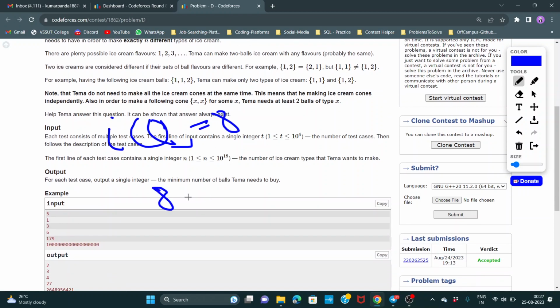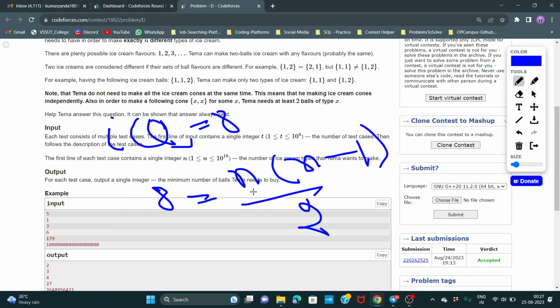So just use this mathematical formula. If you take 4, it is 4 into 3 by 2, which is 6. Now I can take 5 and 4 by 2, which is 10.